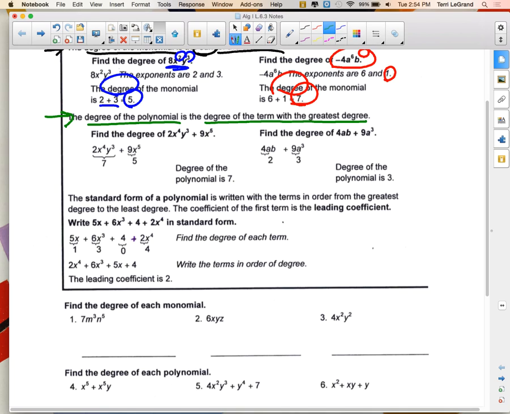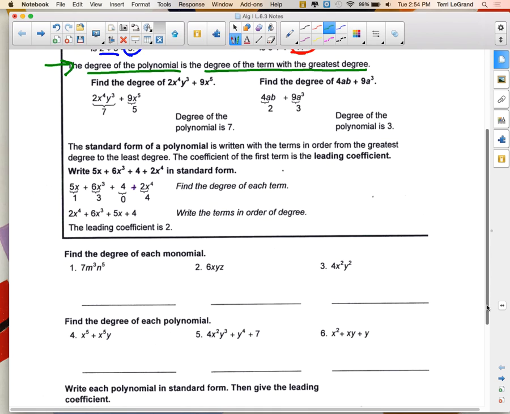So remember, a polynomial can be made up of just one monomial. And if that's the case, then we're going to add its exponents. But if it has more than one monomial, it has some addition, maybe some subtraction, maybe both going on. Now it's got more than one monomial, and each of those monomials is called a term. So now we have to find the term with the greatest degree.